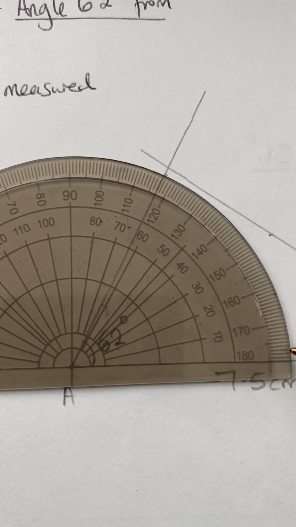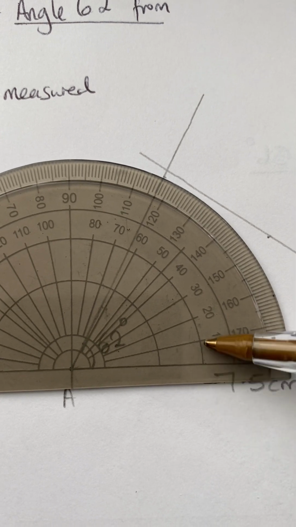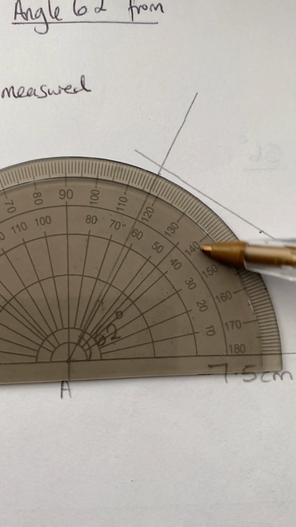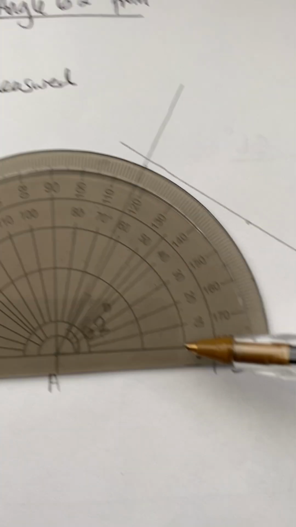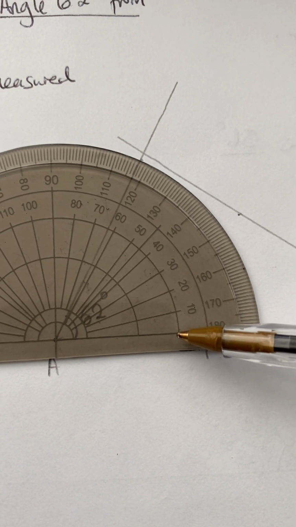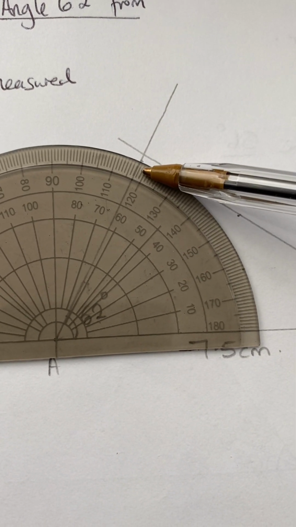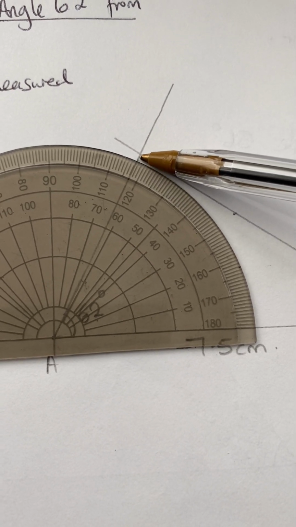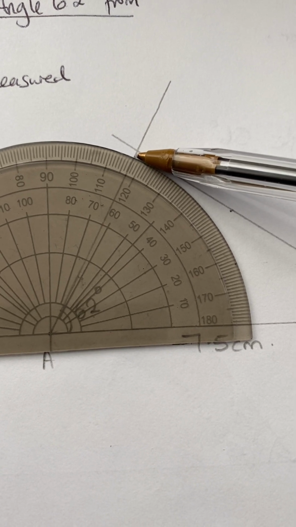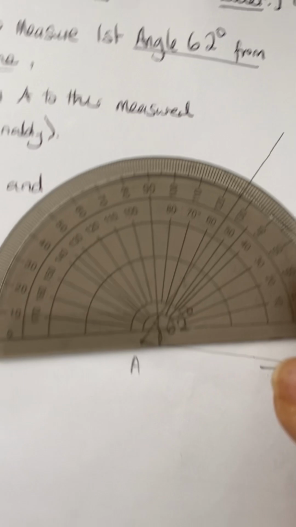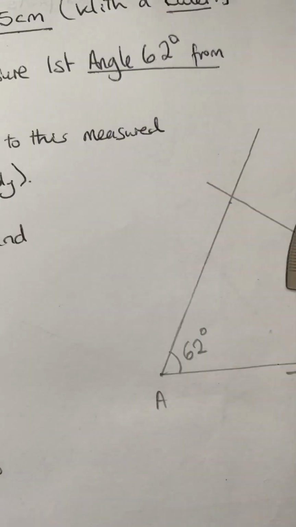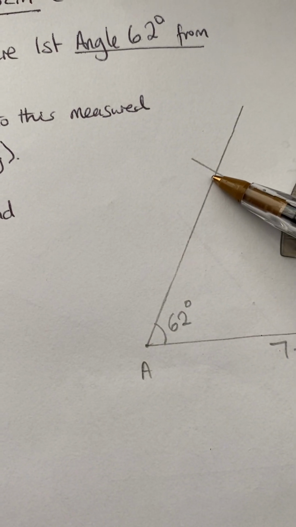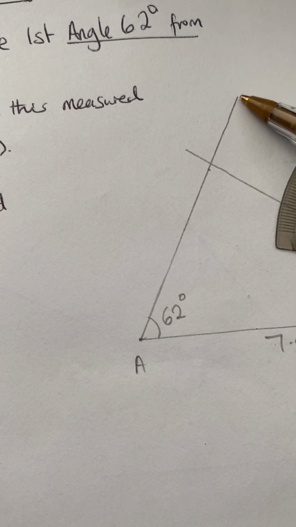So from there, you can see 0. Okay, it has two scales. One is coming from 180 and one is from 10. So I'm going to use this one. Okay, so that is my 62 degrees. It's moved a little bit, but if you adjust, 62 degrees is on that point there. Okay, then you draw a line from A to cut through the point 62 degrees and extend it just a little bit.